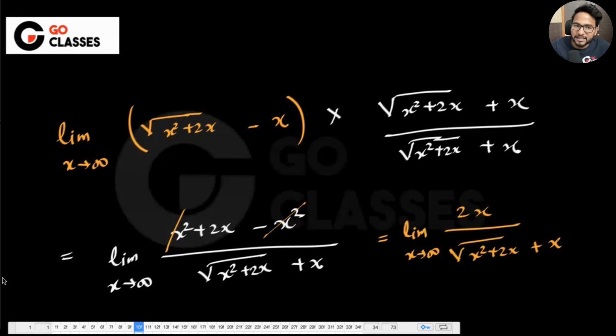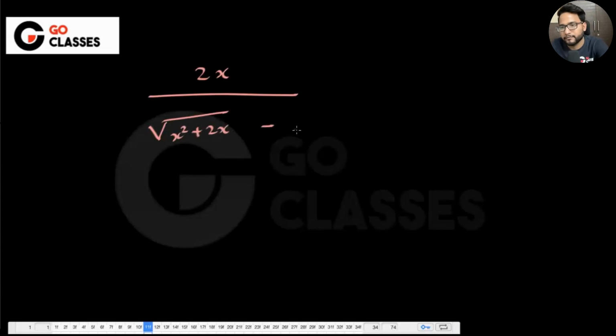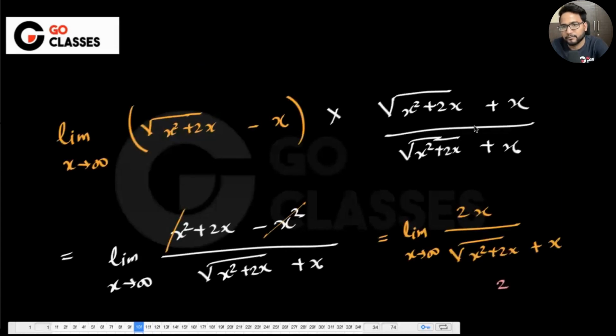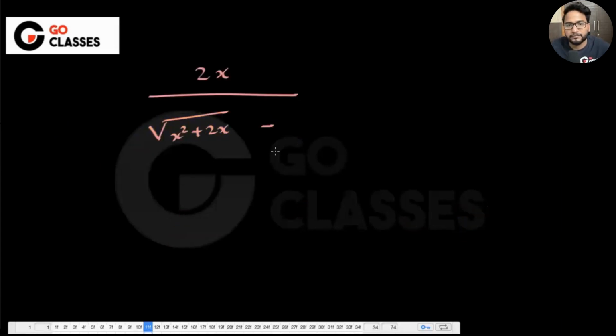Now you can see this is the infinity upon infinity form. So how do we solve the infinity upon infinity form? You can take the highest power common. You take x common from here. Maybe I can go to the next page. So this is 2x upon square root of x square plus 2x, plus x.